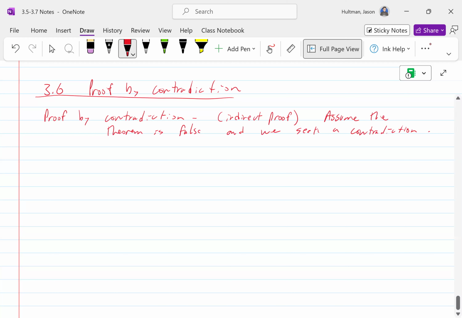Therefore the theorem, or we'll say the original theorem, must be true. So example 1. Prove the theorem by contradiction.